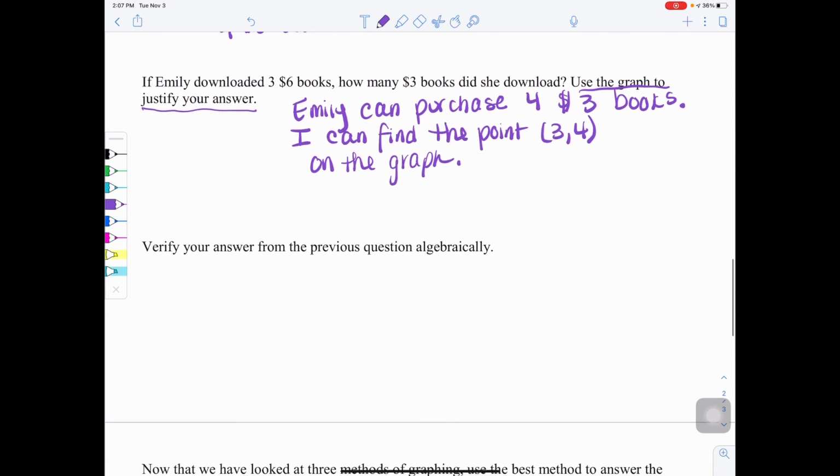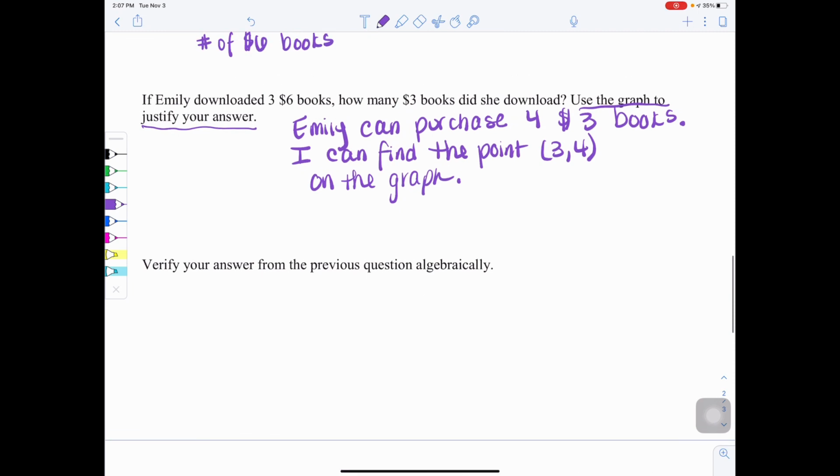That's different than the next question where it says verify your answer from the previous question algebraically. So if they're saying 3 $6 books, that means my X value is a 3, and I'm claiming you can buy 4 $3 books, so my Y value is a 4. So I'm checking the coordinate 3, 4 in my equation. 6x plus 3y equals 30.